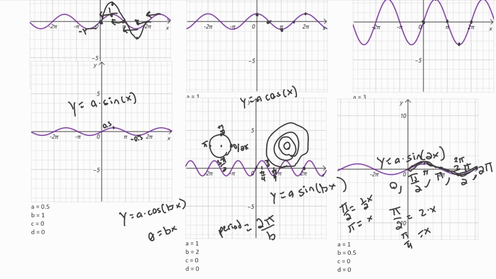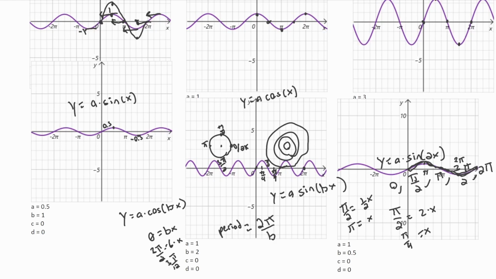So if our key features are at 0, pi over 2, pi, 3 pi over 2, and 2 pi, and our b value is 6, then we get 6x equals, let's just pick one, 3 pi over 2. To get to this feature, we divide both sides by 6, and we end up getting 3 pi over 12, or 1/4 pi, so pi over 4.